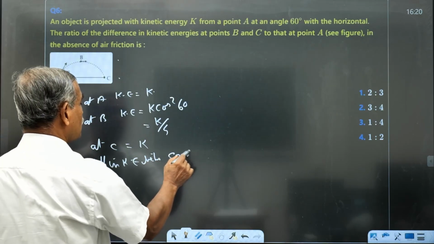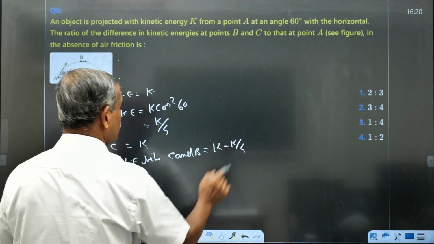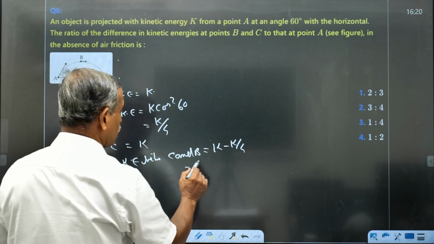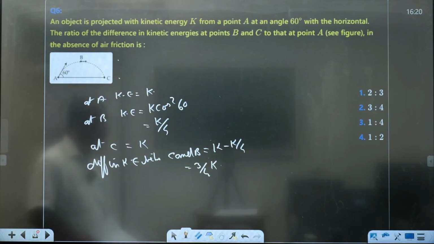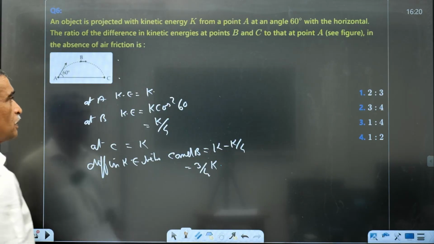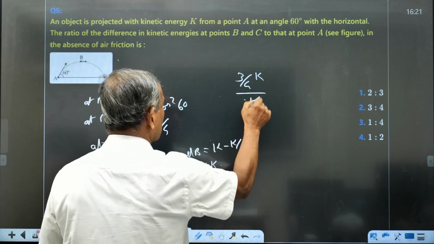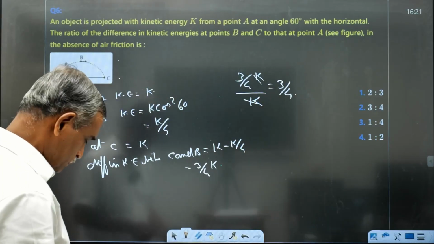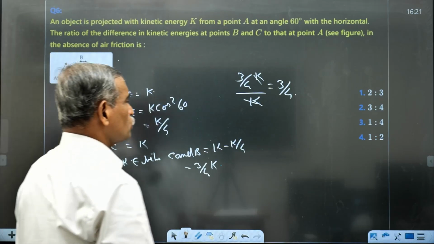It is equal to K minus K by 4, which is 3 by 4 K. Now what is asked is this difference divided by the initial kinetic energy. So our answer is 3 by 4 K by K, equal to 3 by 4, that is 3 is to 4.